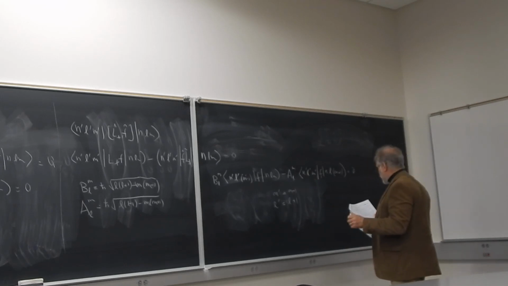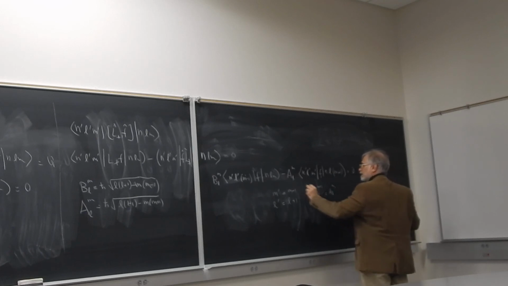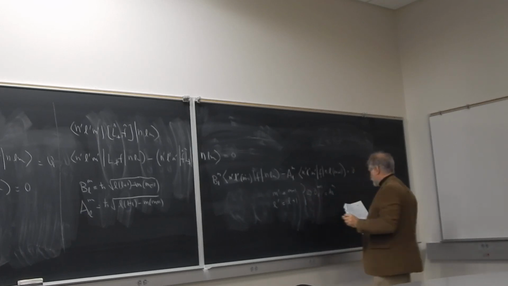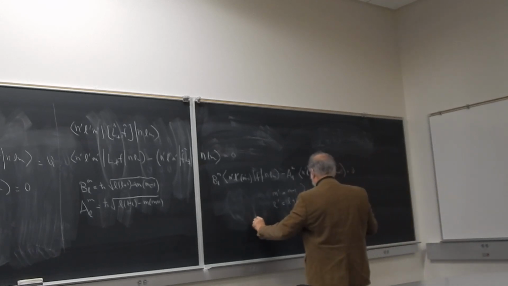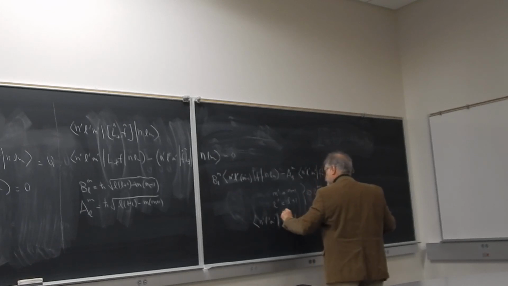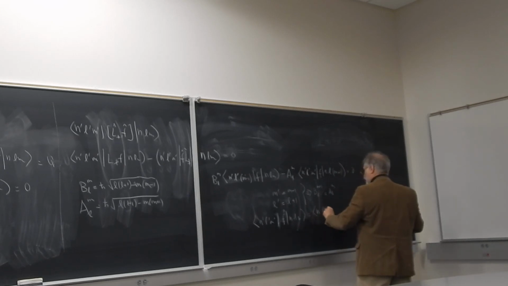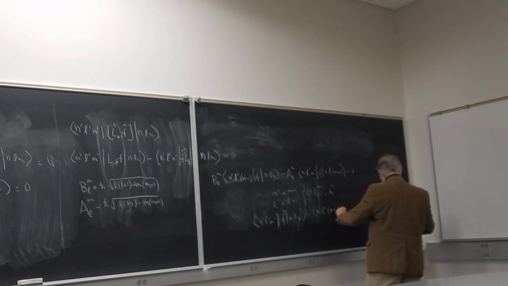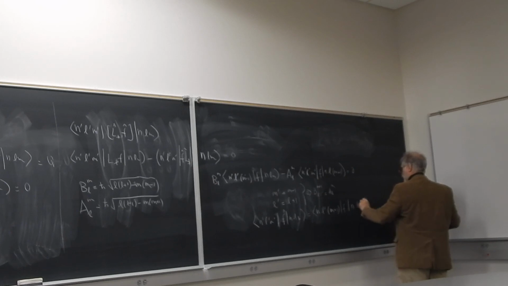When those conditions are satisfied, of course, then B L M plus 1 is equal to A L M. That being the case, if that's true, then N prime, L prime, M prime, F, N, L, M must be equal to N, L prime, M plus 1, F, N, L, M plus 1.